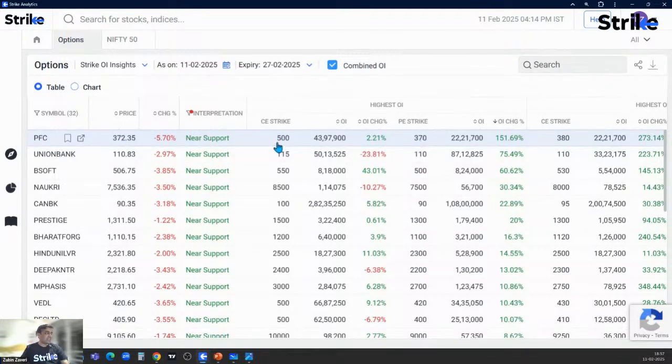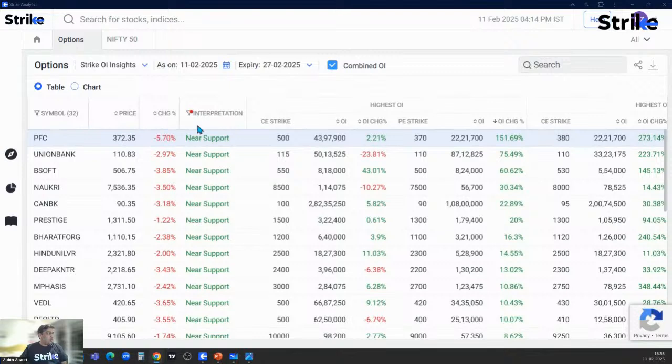And where is the resistance level? You can see that the 500 strike is the highest OI, which is very far away. So resistance is far away, and PFC right now is trading at 372, just near the support level. Clear? Did you understand? Yes, no? Okay, fantastic. So that is the near support level.